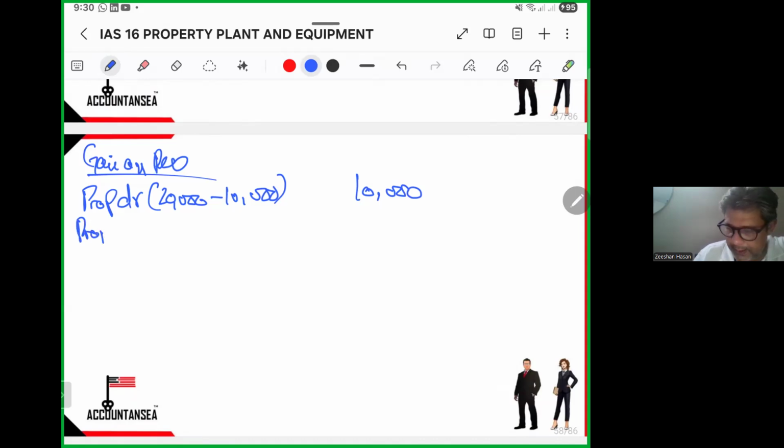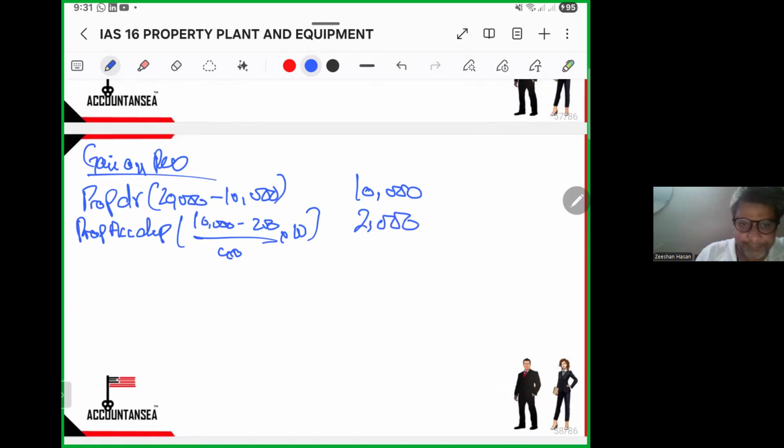Property accumulated depreciation, as per the working we did: let me repeat it for you. 20,000 minus the 2,000 divided by 40-year life, times the 10, we got 2,000. So accumulated depreciation written off 2,000. Revaluation surplus will be credited. We already did the working above: 12,000.